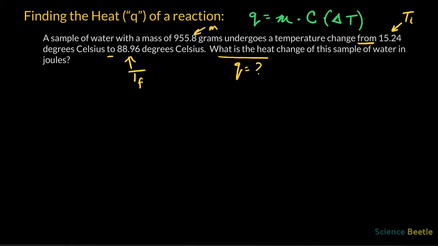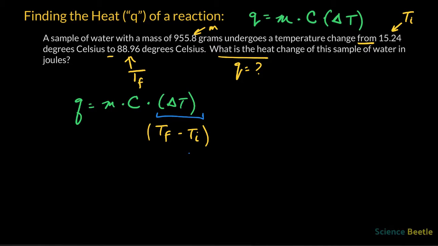Using the equation that we have from above, we'll bring that down. We'll say Q is equal to the mass times the specific heat times the delta T. And delta T is nothing more than the temperature final minus the temperature initial, times the specific heat, times the mass, and this is going to be equal to Q. Okay, and so all we need to do at this point is go ahead and plug everything in.